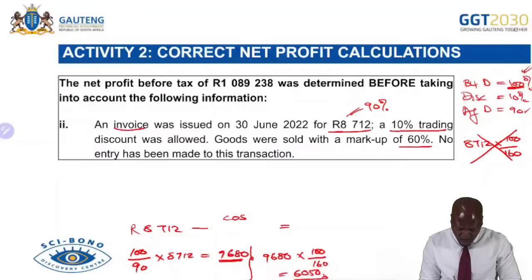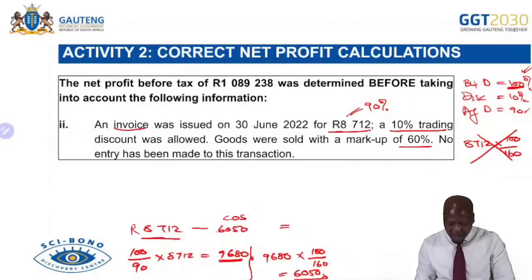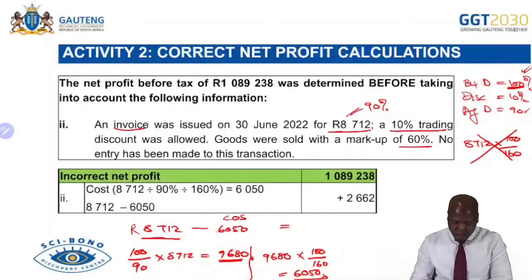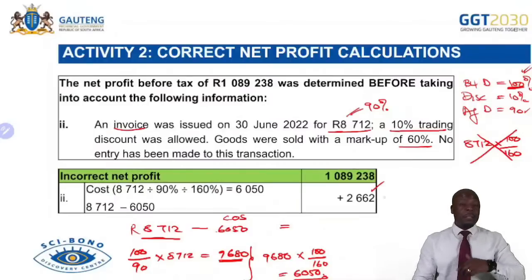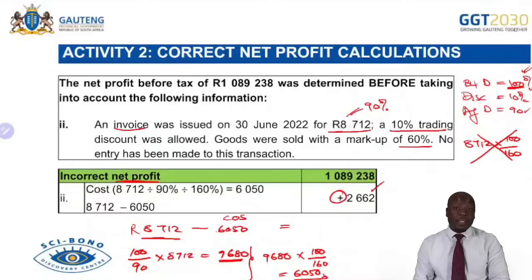So I can come back here now and say, this is what I sold the goods for, but the cost of these goods was 6,050. Therefore, how much is my profit? And you realize that your profit becomes your 2,662. And since this is profit on sale of goods, it's going to increase my net profit. That's why you see I have a plus over there.